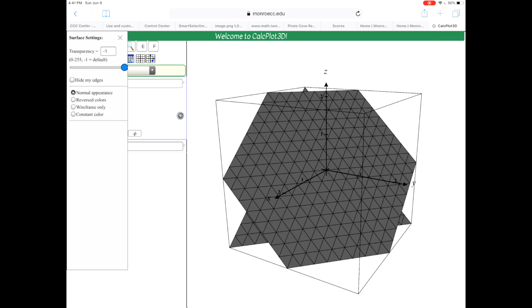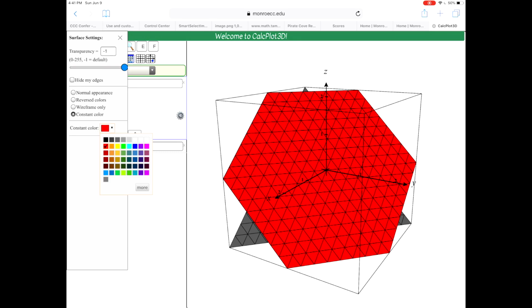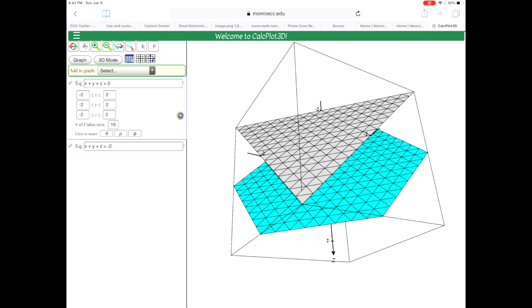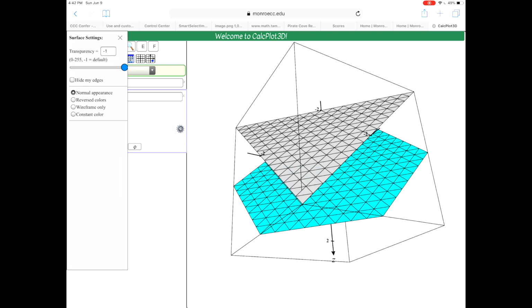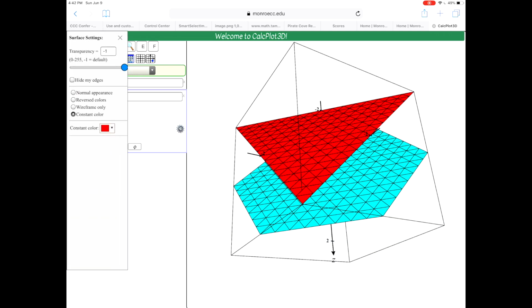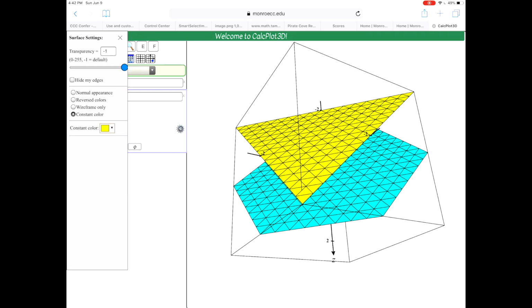Let's go to the settings on this one, and let's do a constant color. We can make this color light blue. And then for this one, let's have a more cheerful color. Put this one as yellow.